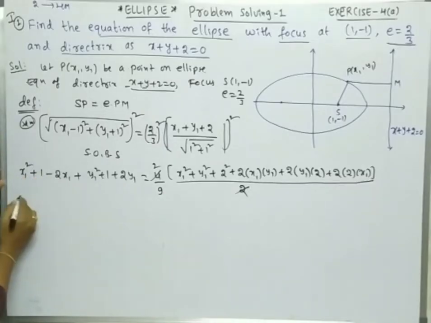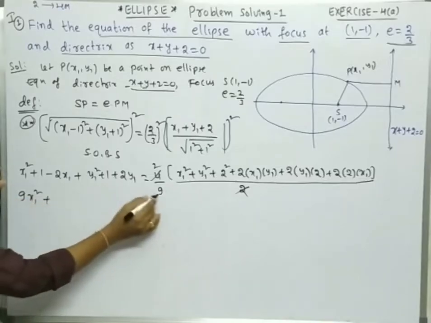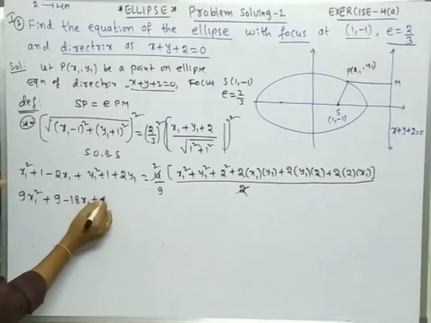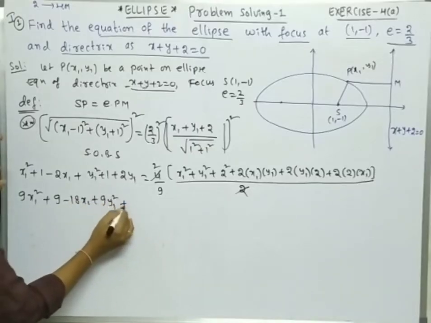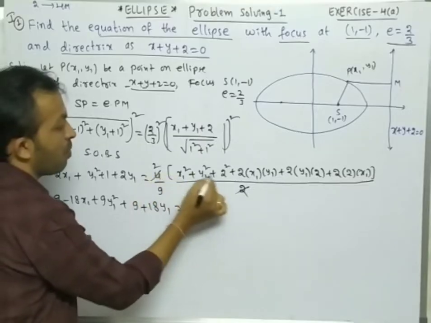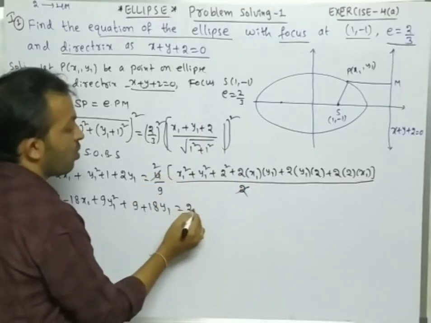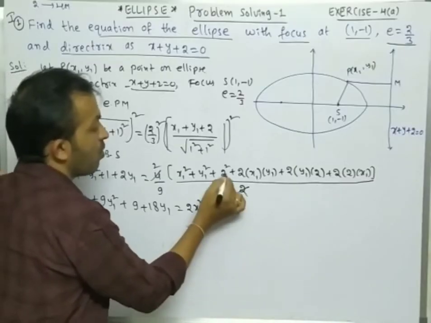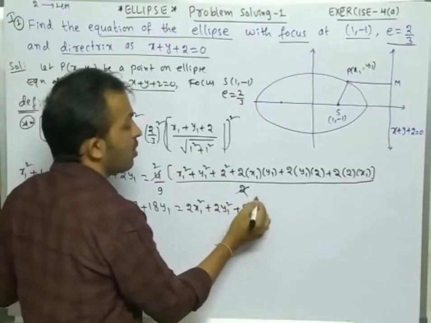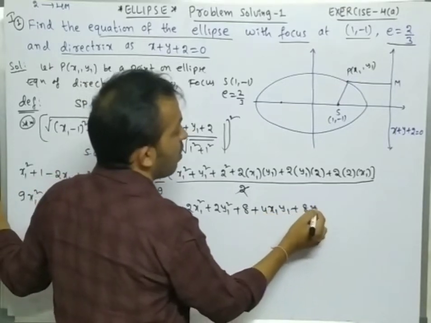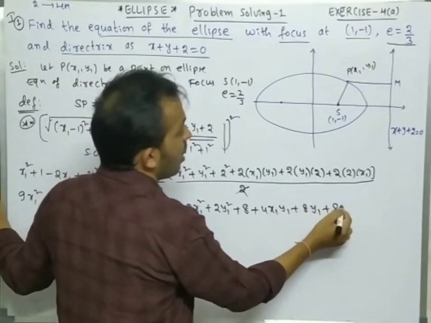Bring 9 to this side: 9x1 squared, 9 into 1 is 9, 9 twos are 18, 9y1 squared, 18y1. Now multiply this total with 2: 2x1 squared plus 2y1 squared, 4 into 2 is 8, 2 twos are 4x1y1, 8y1, 8x1.